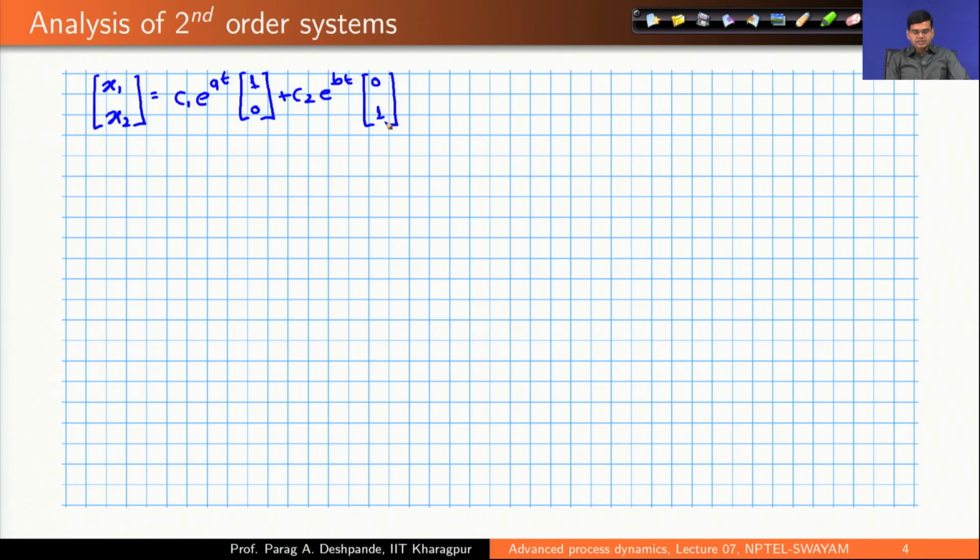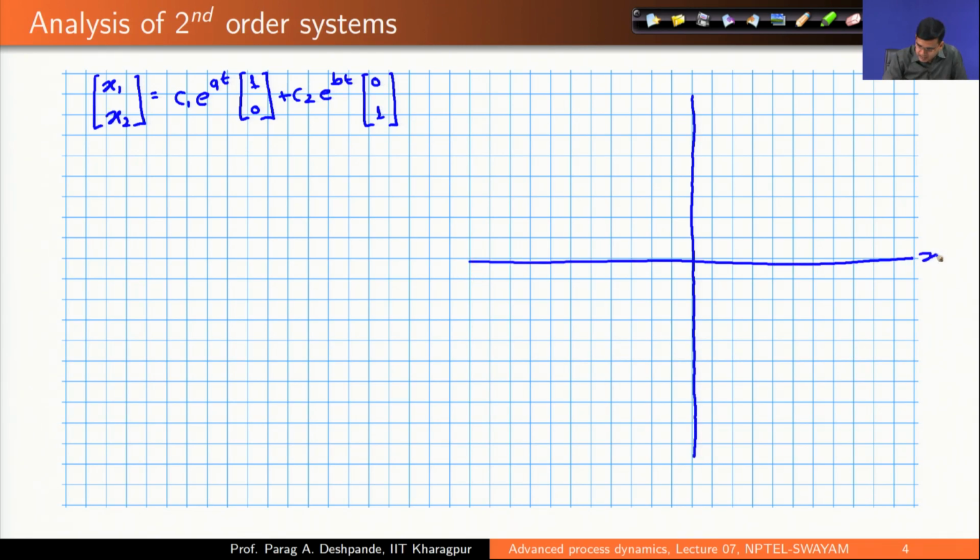Now, if I want to plot the variation of x 1 and x 2, then how would I do? Let us say that I plot x 1 versus x 2.